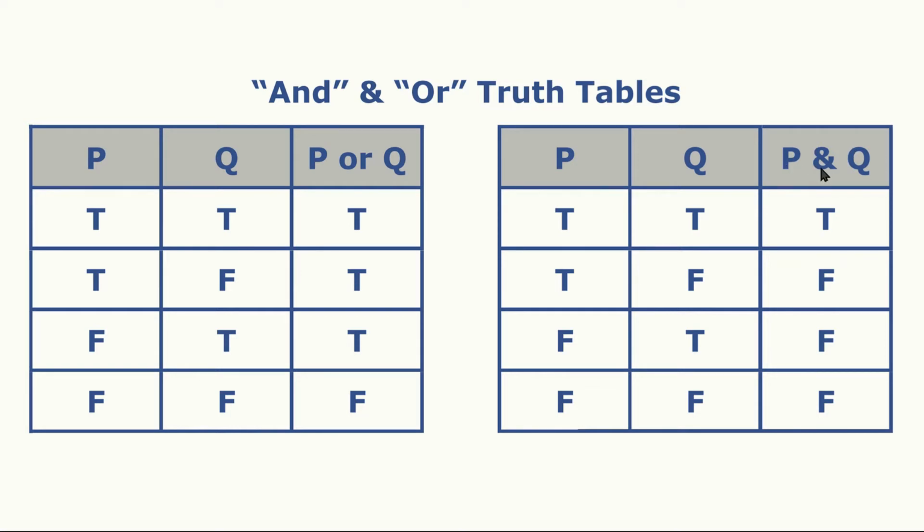For P and Q, the and statement standard of truth is very tough. In order for an and statement to be true, both statements have to be true. That's the only time an and statement becomes true. As long as either one is false, then the and statement is going to become false, right?